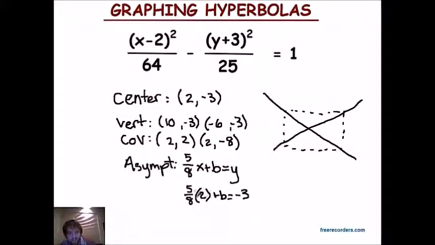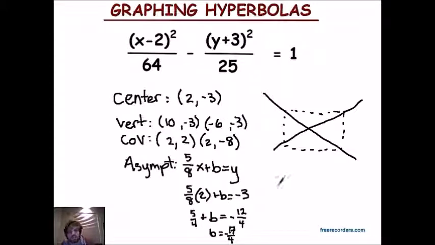So we'll have 10/8, which is 5/4, plus our b equals negative 3, and with fractions we want a common denominator, so I'm going to convert this into negative 12/4. When I subtract 5/4 from both sides, we'll see that b equals negative 17/4.